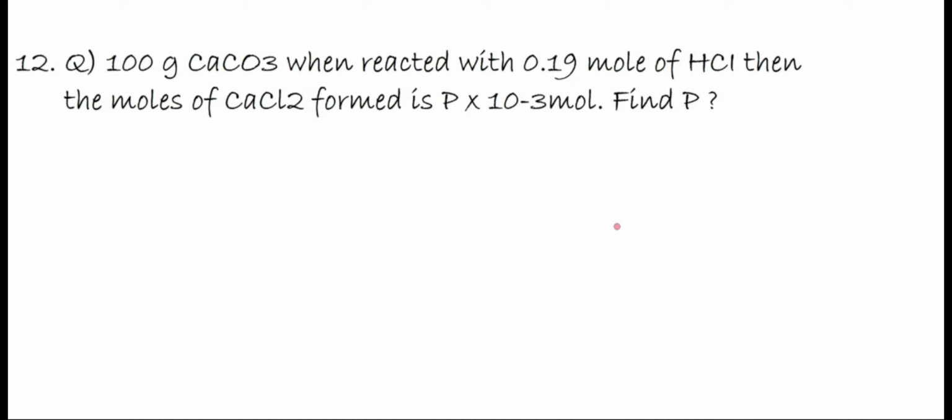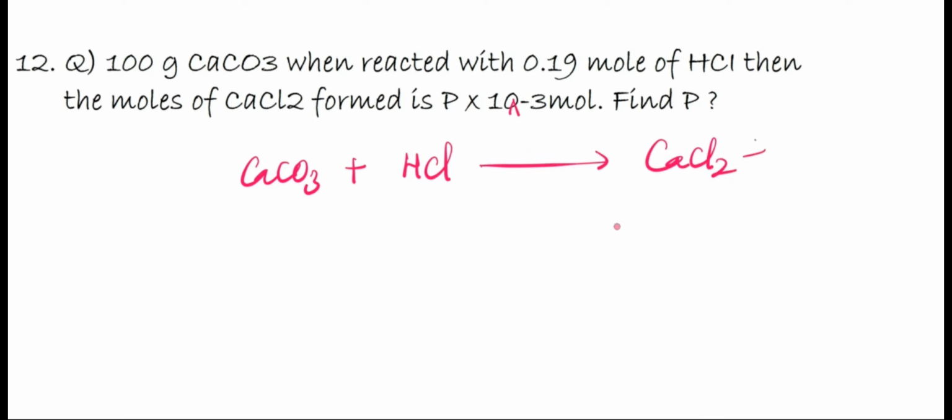Then the next question: 100 grams of calcium carbonate when reacted with 0.19 mole of HCl, then the moles of calcium chloride formed is P into 10 to the power minus 3 moles. Okay, so first of all, what is this reaction? Calcium carbonate with HCl forms calcium chloride.